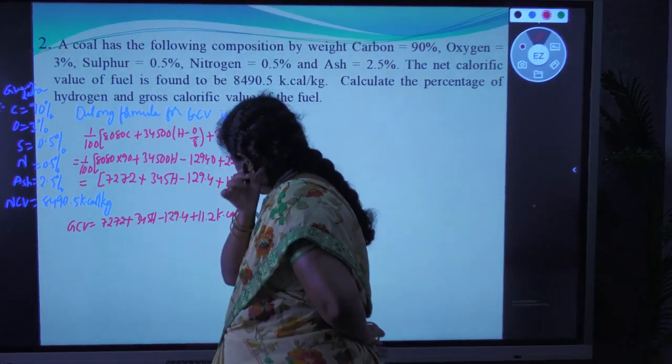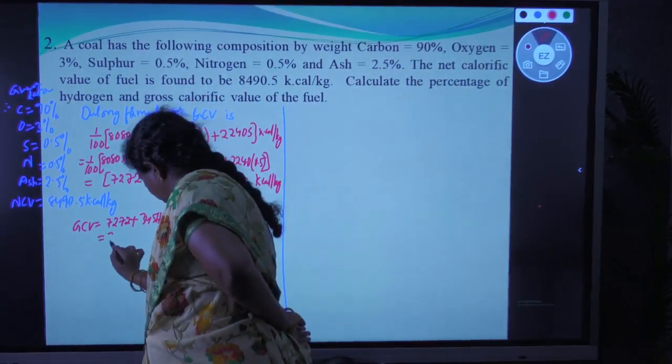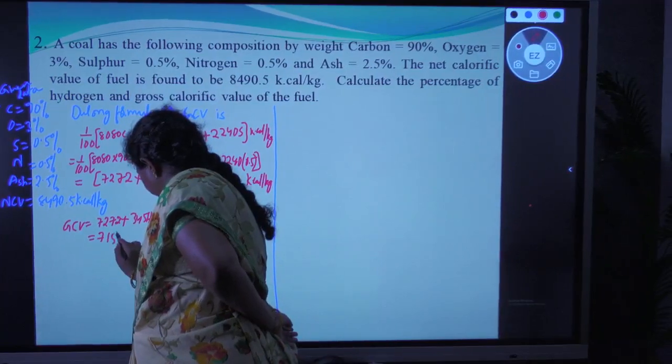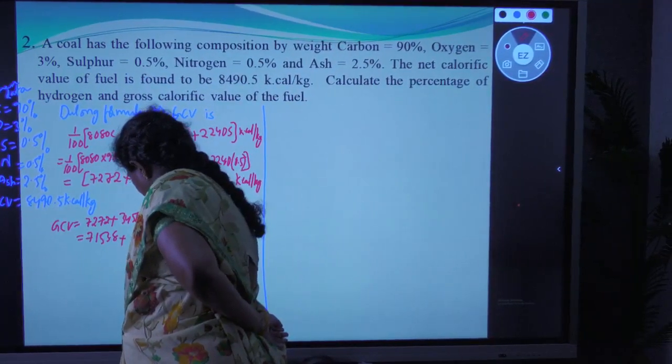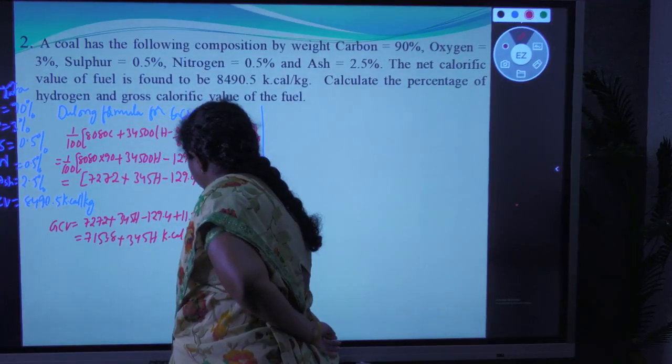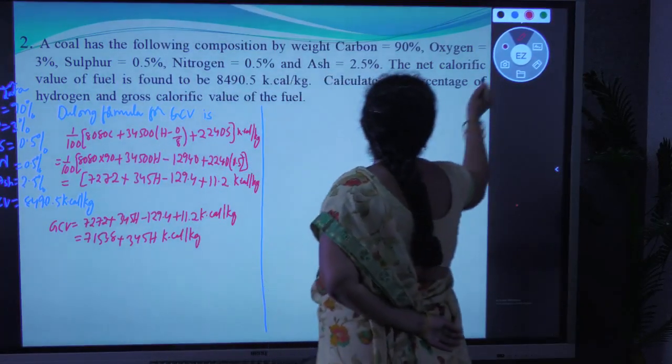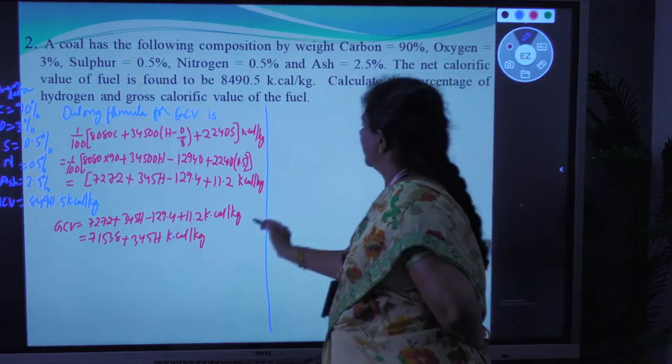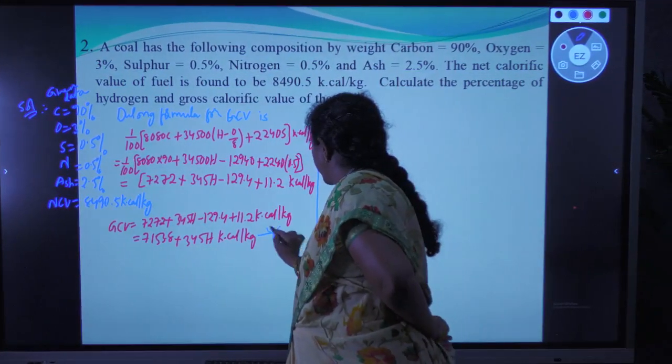I wrote in detail. So this will be equal to 7153.8 plus 345 hydrogen kilocalorie per kilogram. Let this be equation 1.